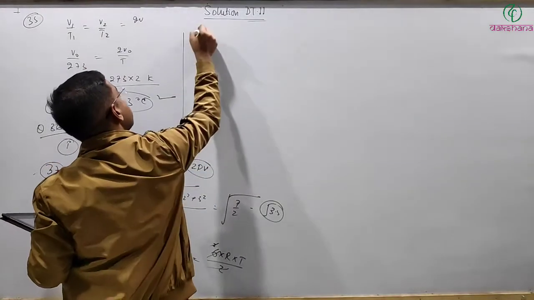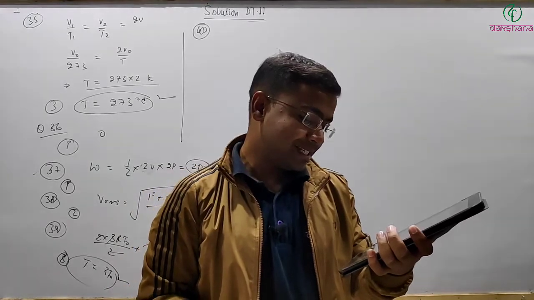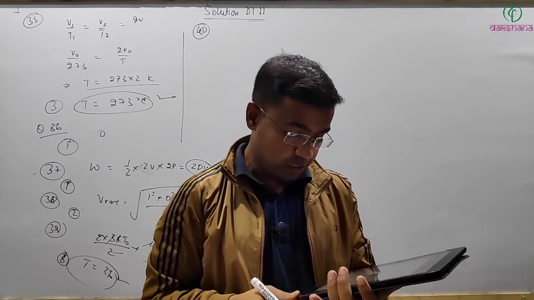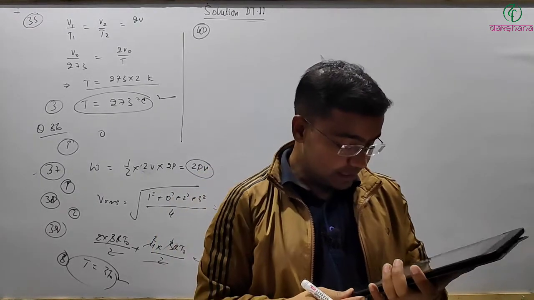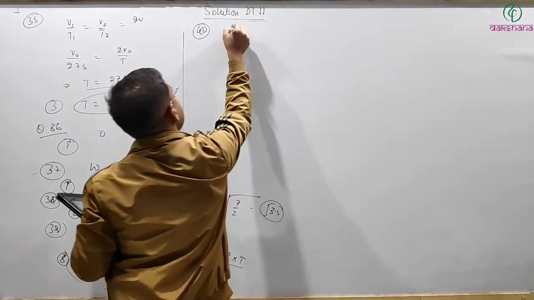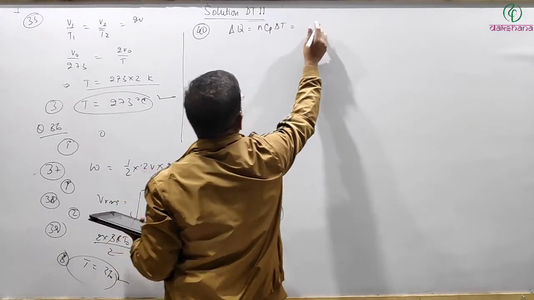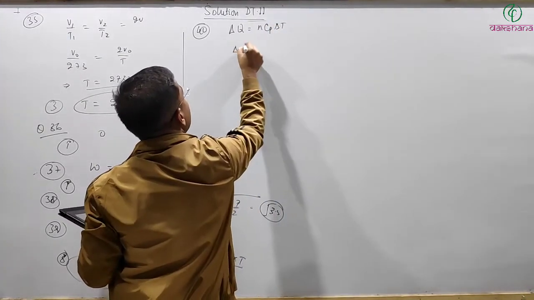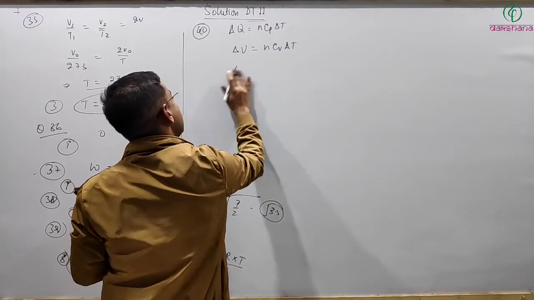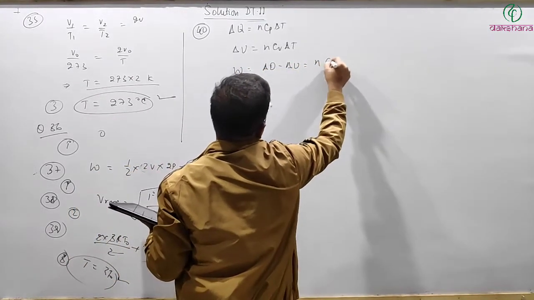Question number 40. Heat is supplied to a diatomic gas at constant pressure. The ratio of delta Q to delta U to delta W. Heat is supplied at constant pressure, so delta Q is nCp delta T, and delta U is always nCv delta T, and W is delta Q minus delta U, that is n(Cp minus Cv) delta T. Everything else is constant, we just need the ratio. So delta Q : delta U : delta W is Cp : Cv : (Cp minus Cv).